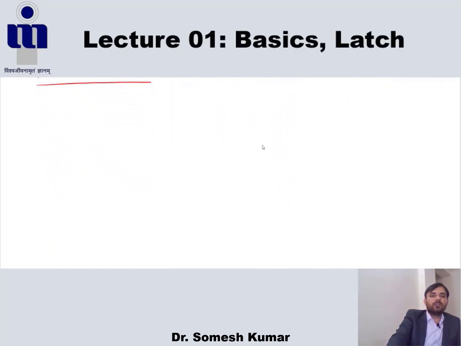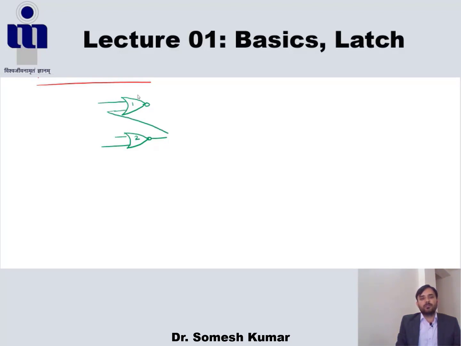So how to draw this? This is the symbol of the NOR gate. This is the first NOR gate, this is the second NOR gate, I represent it as C, and these are the two inputs, fine.